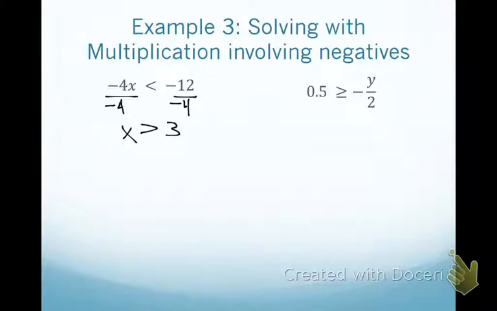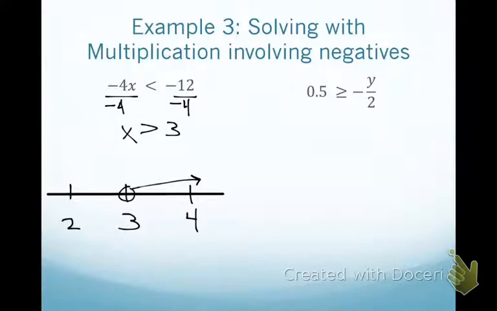Not negative 3, positive 3, and now I can just graph it like I normally do. So what number goes in the middle of my number line? 3, with 2 and 4 beside it. Open dot or closed dot? Open. And does the arrow go left or right? To the right.